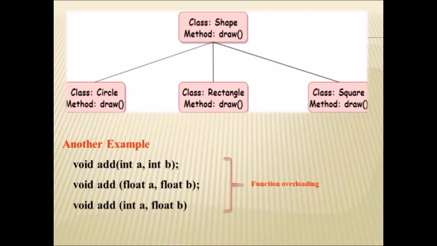So this is about polymorphism, the ability to take more than one form. Similarly, the draw function is used to draw a circle, a rectangle, a square, a triangle also. That is, the function is the same, but you are using different parameters. That is the concept.